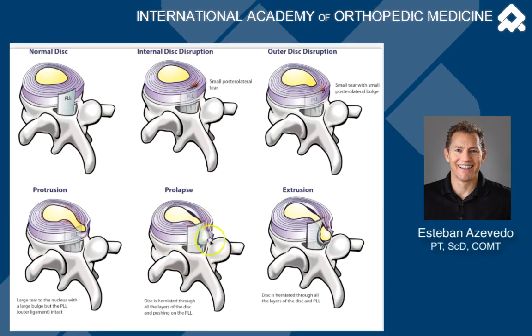It hasn't bulged through and this nucleus part hasn't spilled off onto the spinal cord and nerve root yet, but it's a larger disc bulge. And lastly, the extrusion is where that nucleus pulposus has blown through all the layers of the disc and that posterior longitudinal ligament, and it's just oozing out onto your nerve root, and that causes severe, severe pain.